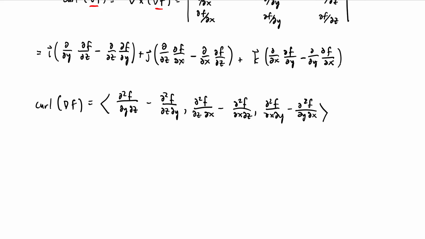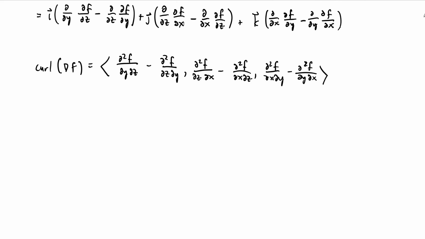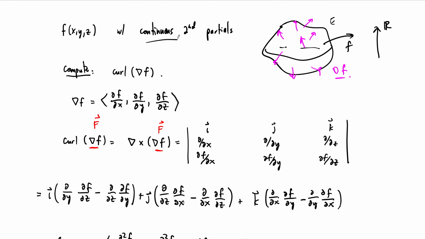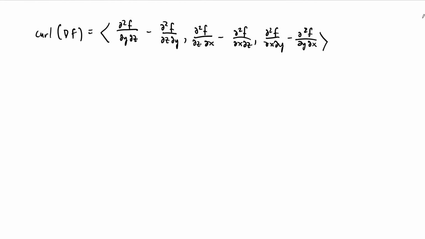All right, so what did you come up with? Well, remember at the very beginning we assumed that our function had continuous second partial derivatives, and now down here we've got a statement with the differences of the mixed partials, right? And because our function is assumed to have continuous second partial derivatives, then Clairaut's theorem applies.